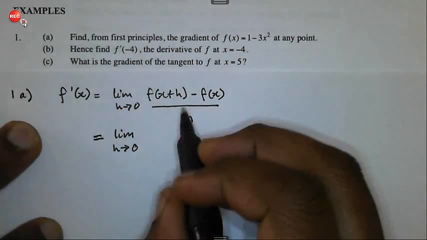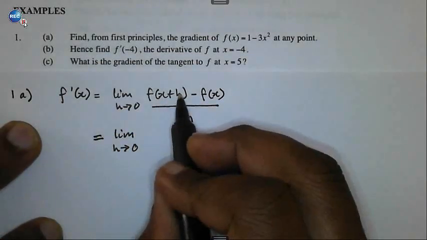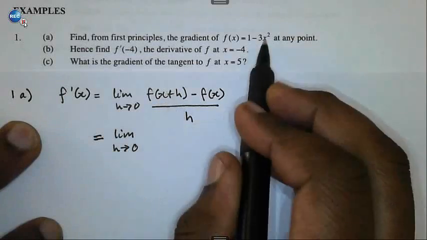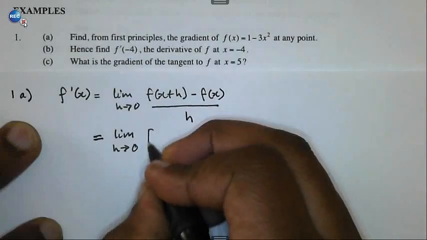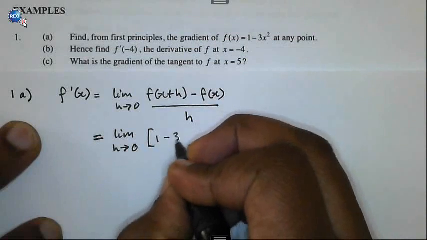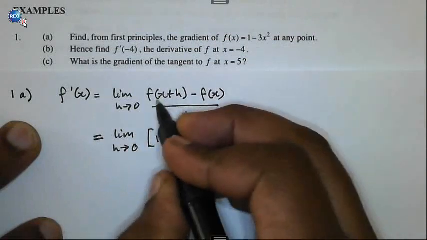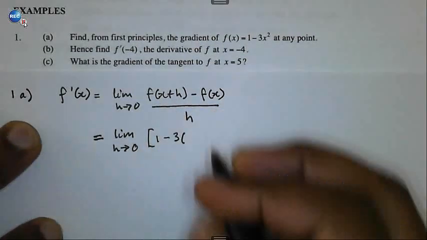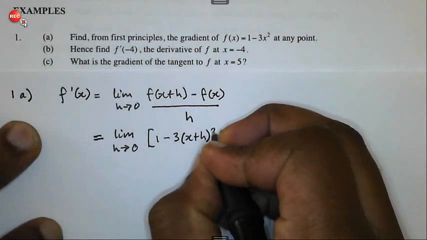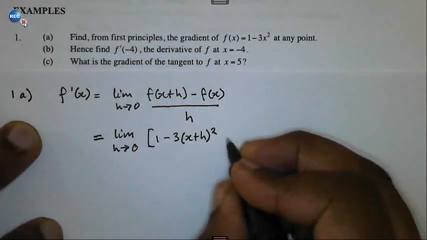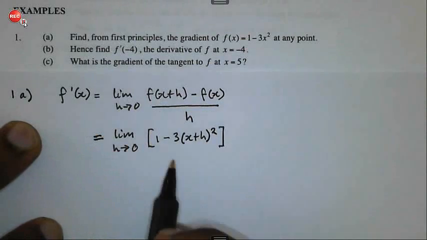Now what is f of x plus h? When you put x plus h in place where there is x, basically this is 1 minus 3 by this x, I'm now putting x plus h. So it's 1 minus 3 times x plus h to the power of 2. This is what f of x plus h is.